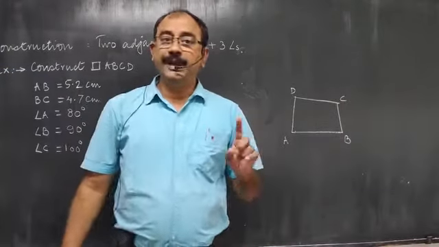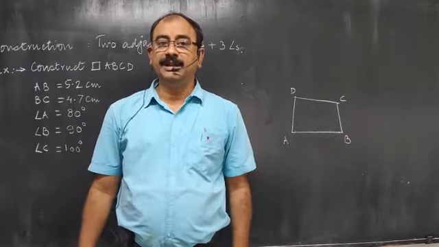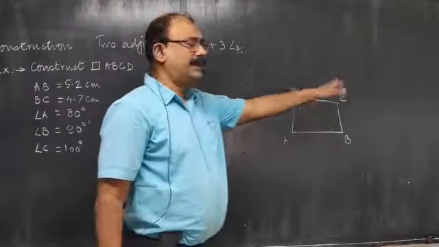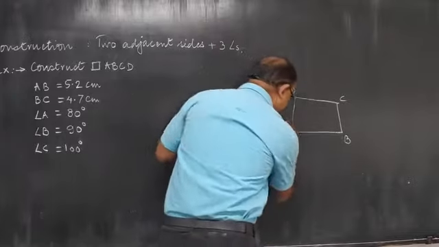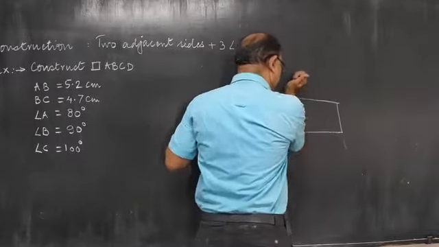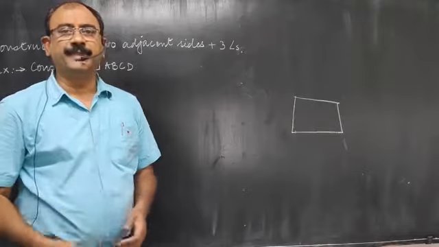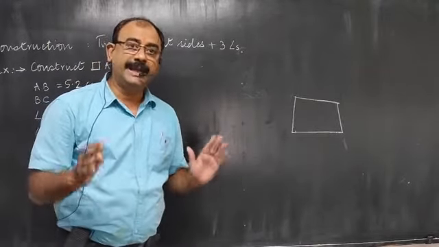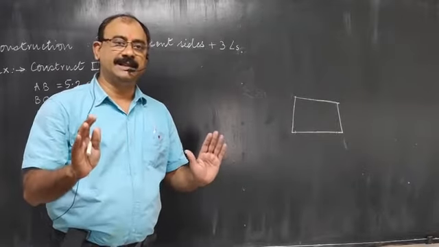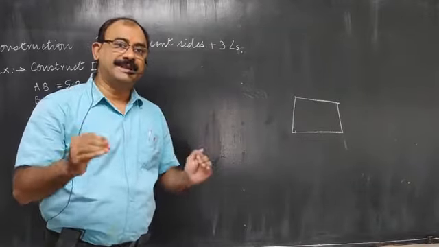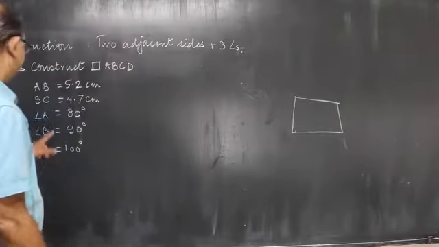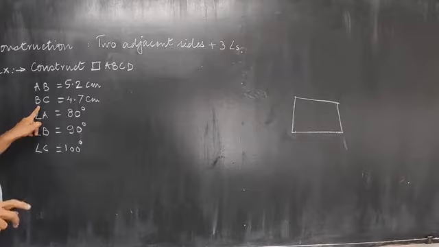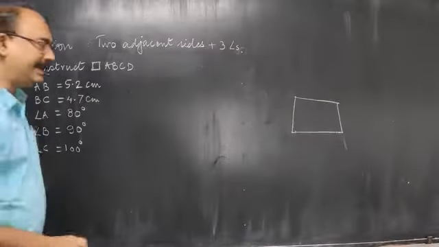Now what we have to know about this construction is that you are given two adjacent sides. So I have drawn a figure. Actually, let me rub the names of the vertices, and now which names should be written in order to make the steps of construction easier is that out of the two given sides, any one side should be written as the base.